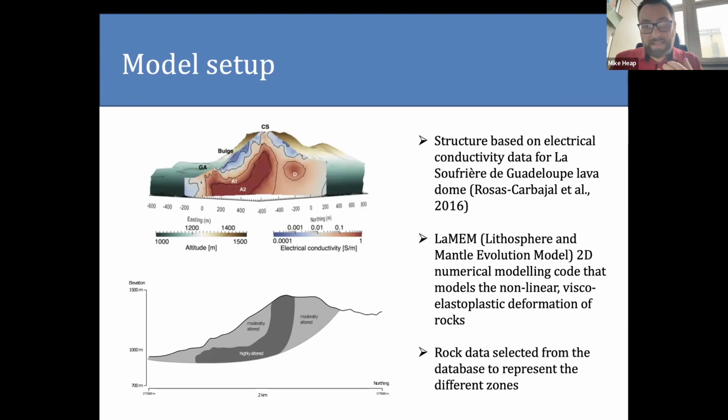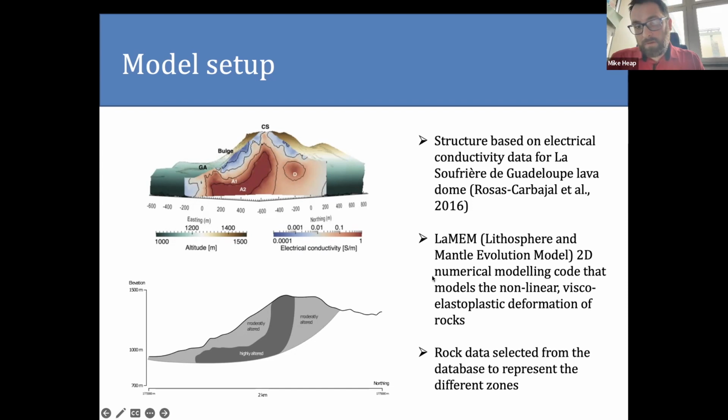So here's the model setup, and we used some electrical resistivity tomography to create a structure of the volcano.